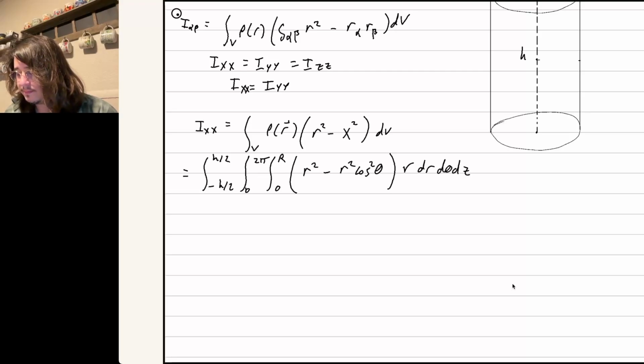So there's no z in there. Oh, I forgot to write the mass distribution. Yeah, mass density. I'm going to treat the mass density as constant. This can be any sphere or any cylinder, but I'm going to say that the density function is just a constant, so I don't have to deal with it. There's no z in this, so that just becomes h.